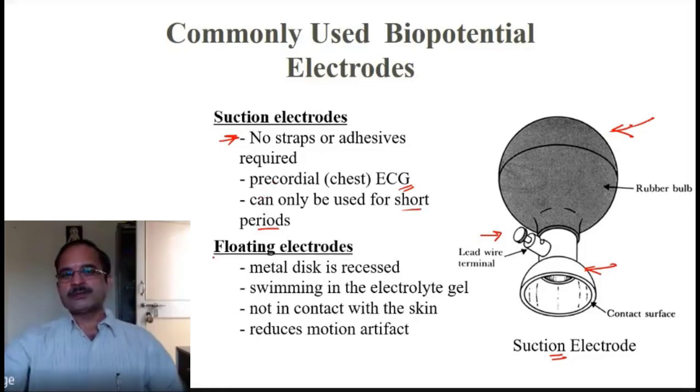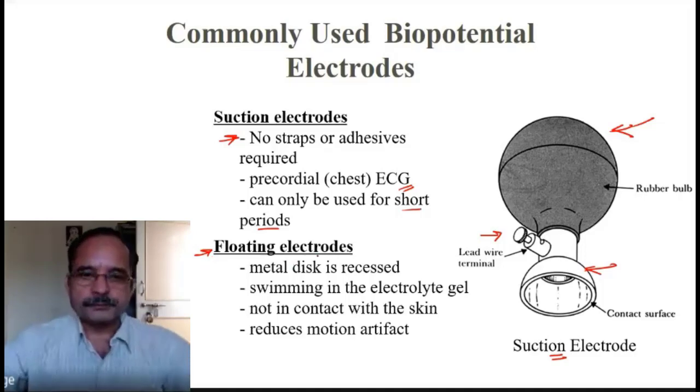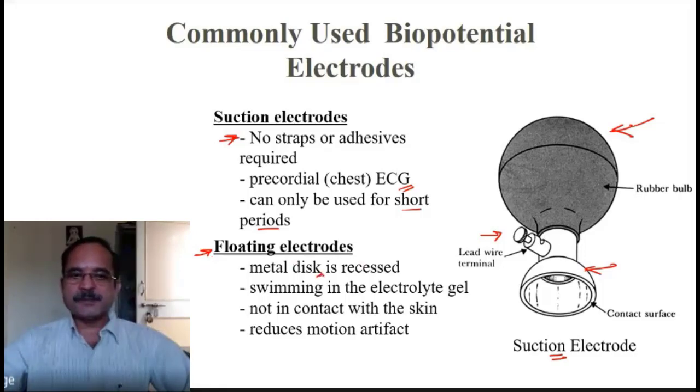The other type of surface electrodes are floating electrodes. In the floating electrode, there is a metal disc. Why is it called floating? Because the electrode is actually swimming in the electrolyte gel, and it is not in direct contact with the skin.